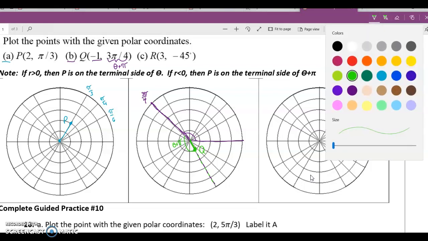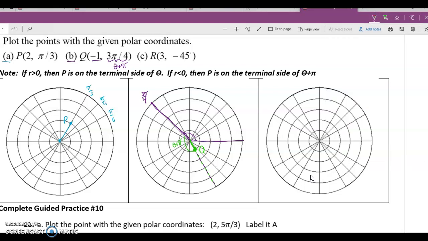Next up, we move on to letter R here. This has a radius of 3 and a theta measurement of -45. So our negative angles are the same as we did on the unit circle. We start here, and then we just go clockwise instead of counterclockwise. So -45 is right here, and then we're going to count on that line a radius of 3.